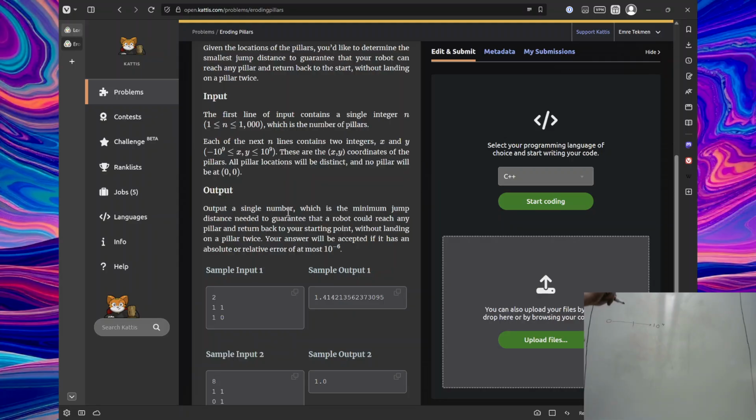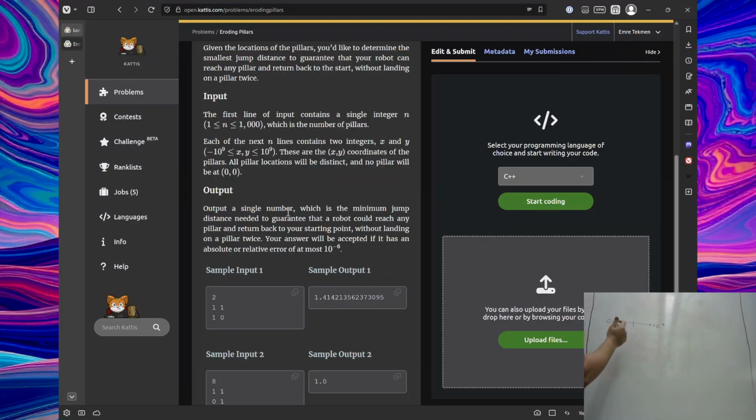First of all, there's one other property, right? The bigger the jump distance is, the easier it is to get to the start, because remember, we can always jump directly from anywhere back to the start if our jump distance is big enough, right?